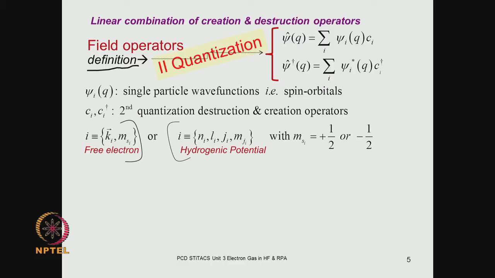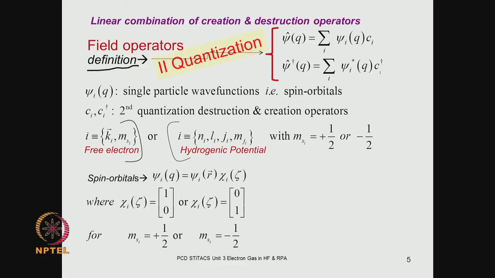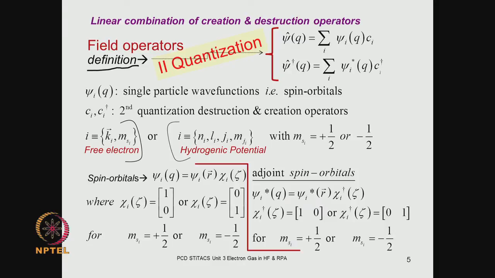These are k1, k2 and k3, and there is the spin quantum number, which is ms, and if you have a hydrogenic potential, these are the n, l, j, m quantum numbers. So, these are the spin orbitals for the electrons. You have the corresponding adjoint spin orbitals, which you get simply by taking the transposition of the basic spin orbitals.